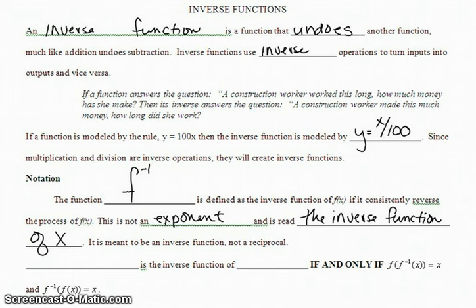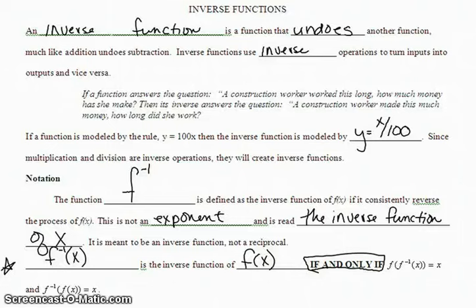So this next part is a very important rule. The inverse function of x is the inverse function of f of x if and only if we use composition of functions to evaluate f of the inverse of x and see if it's x, and vice versa.